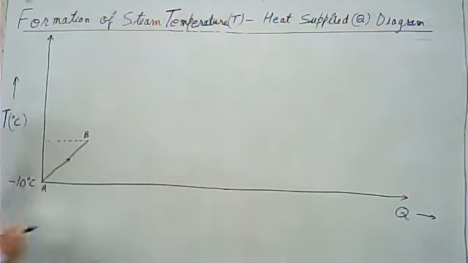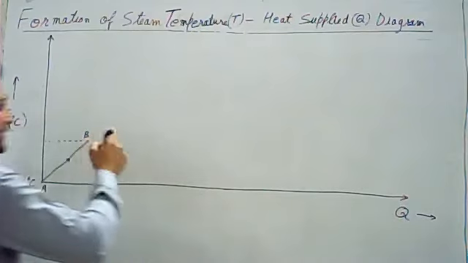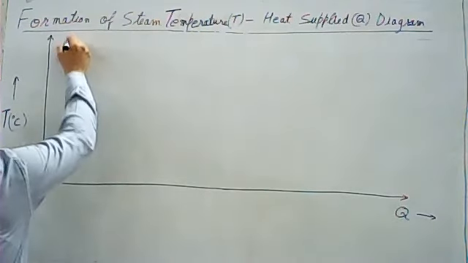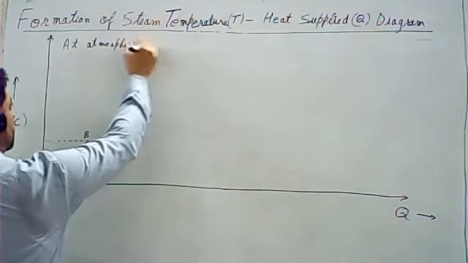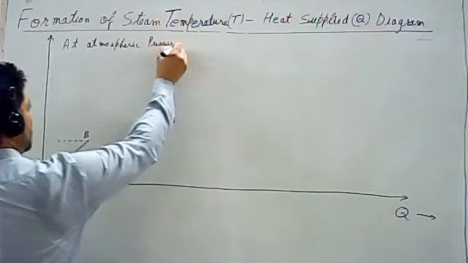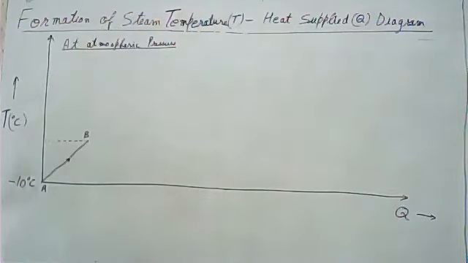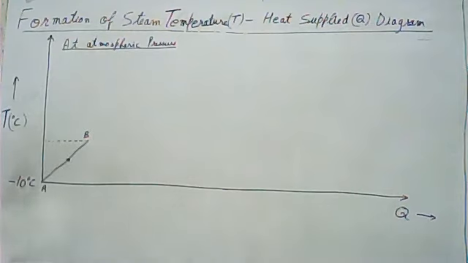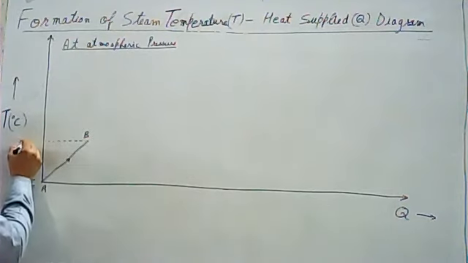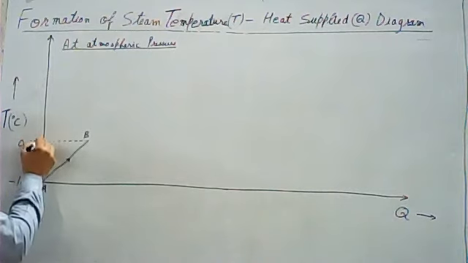It reaches a saturation temperature where the solid starts to convert itself into liquid. And that temperature, if we take the pressure as atmospheric pressure, suppose we are making this graph at atmospheric pressure, then at atmospheric pressure the temperature where the solid ice starts to melt is approximately 0.01 degrees centigrade.